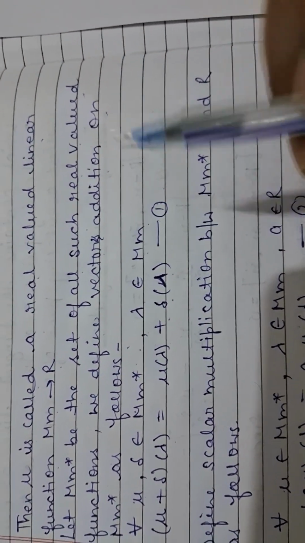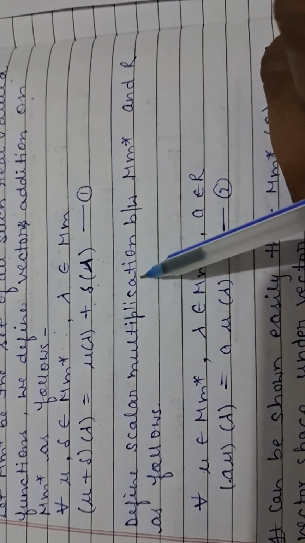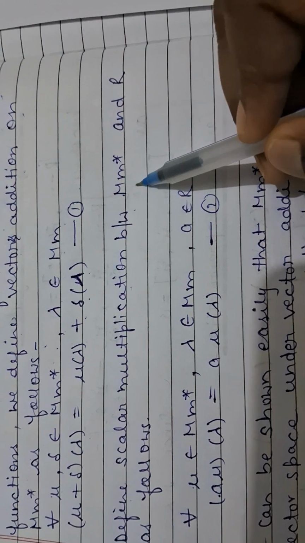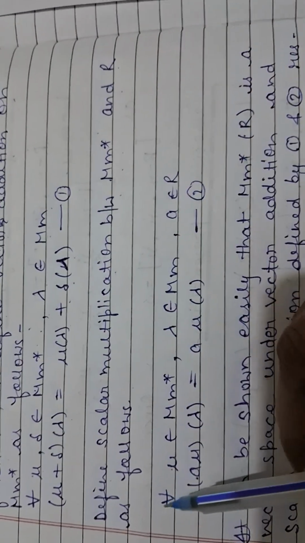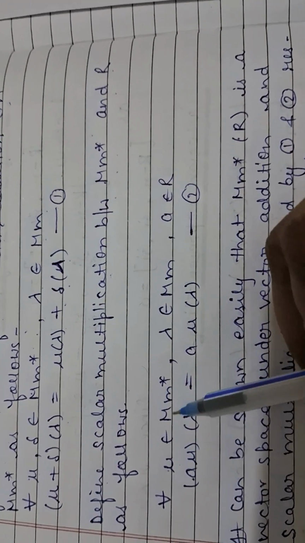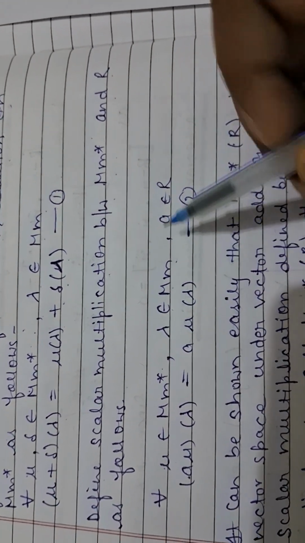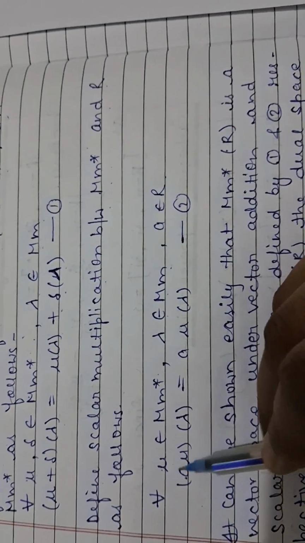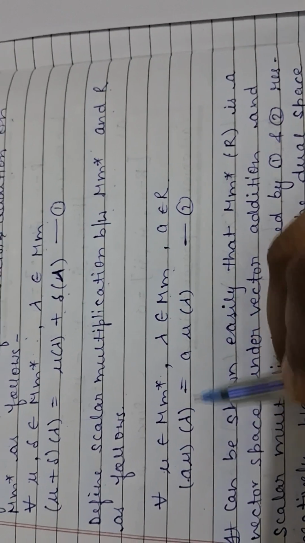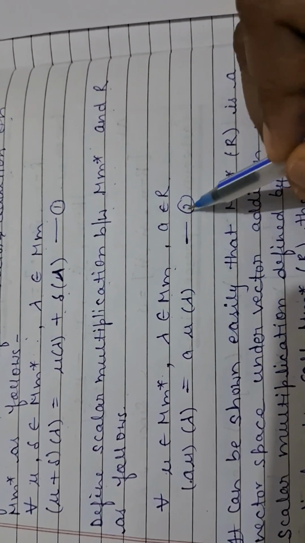We will consider this as equation 1. Then we define scalar multiplication between M star and R as follows. For every mu belongs to M star and lambda belongs to M and a belongs to R, then what will happen? (a mu)(lambda) is equal to a mu(lambda). We consider this as equation 2.